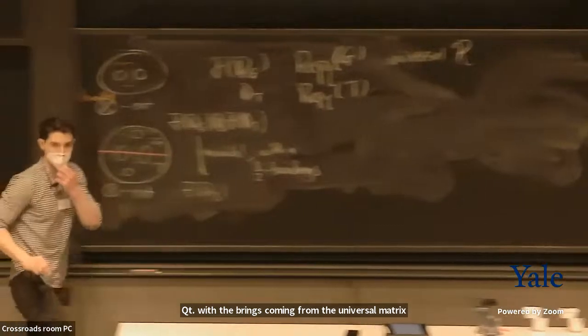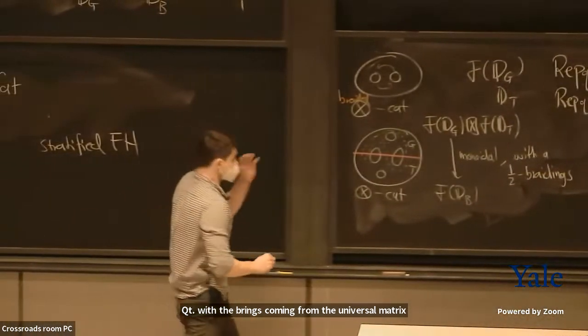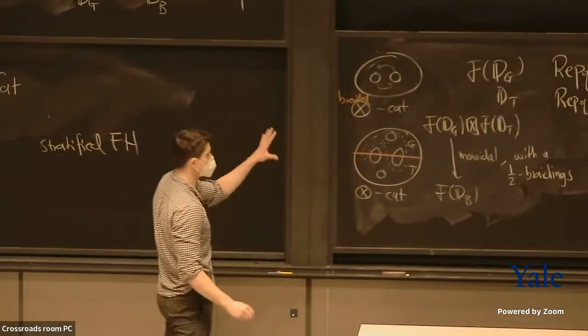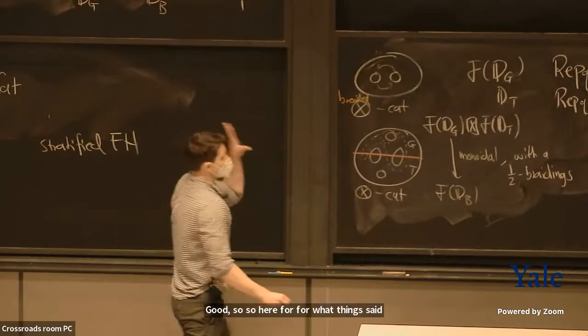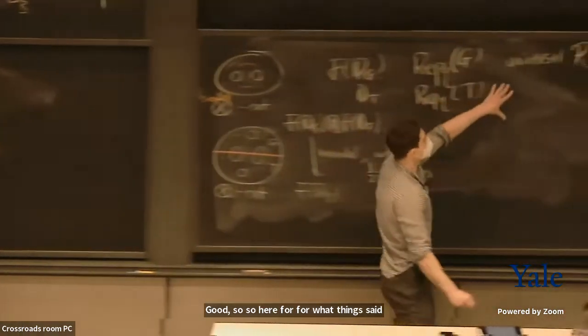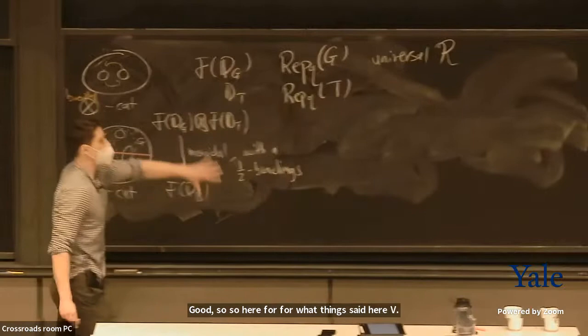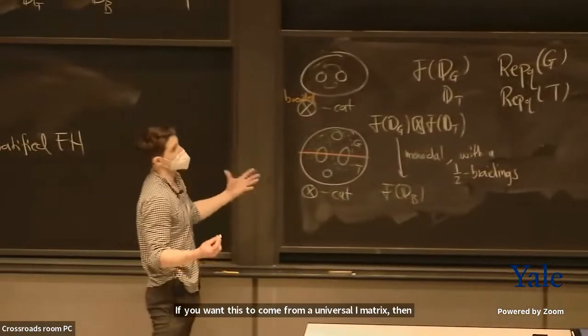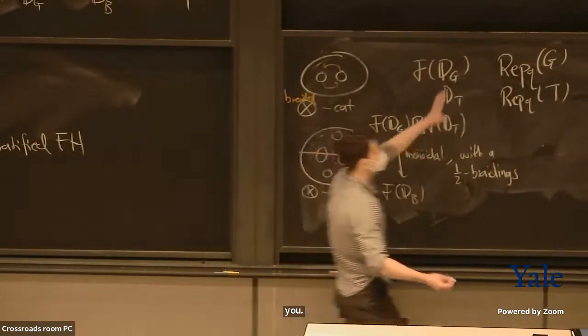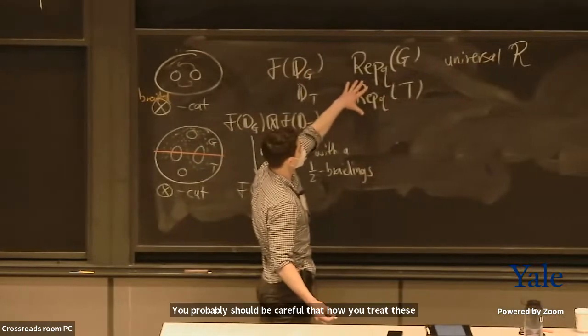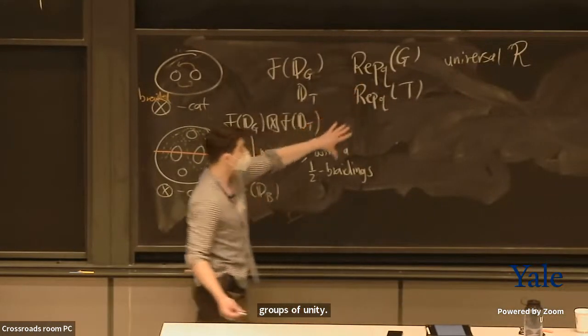Does this put any restrictions on...? Good. If you want this to come from a universal R-matrix, then you should be careful about how you treat roots of unity. But in any setting where you can define a sensible braiding, the following will make sense.